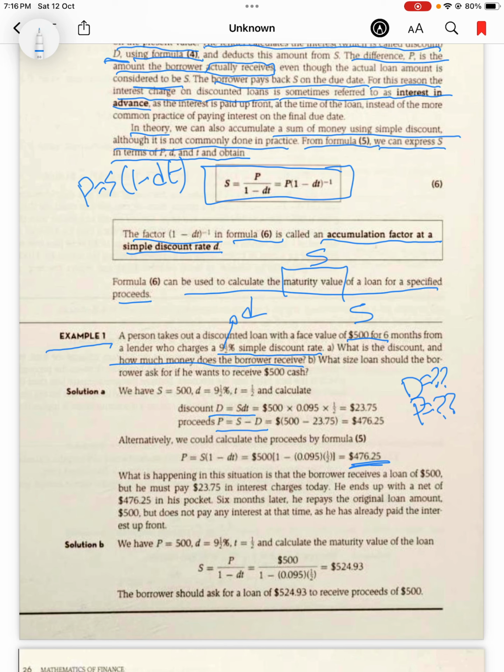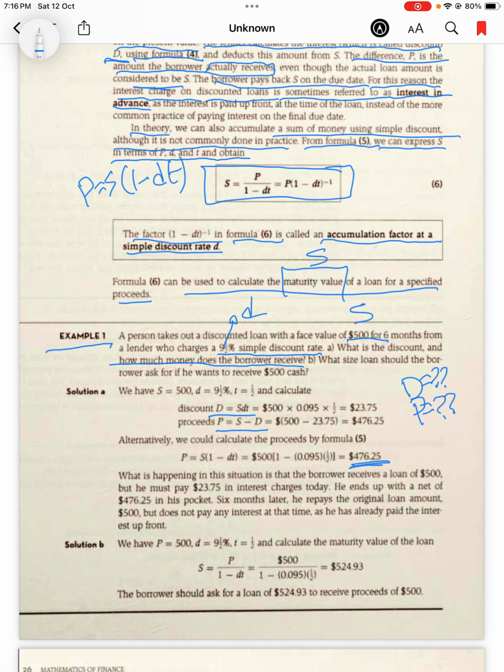What is happening is that the borrower receives a loan of 500, but he must pay 23.75 in interest charges today.